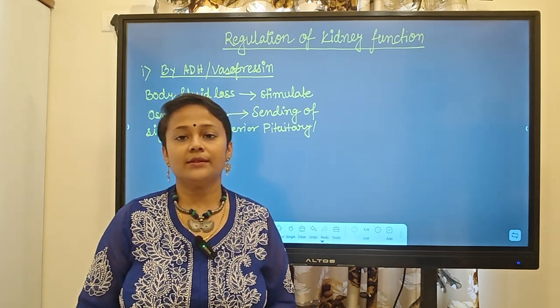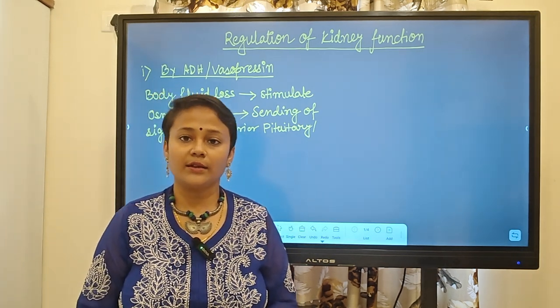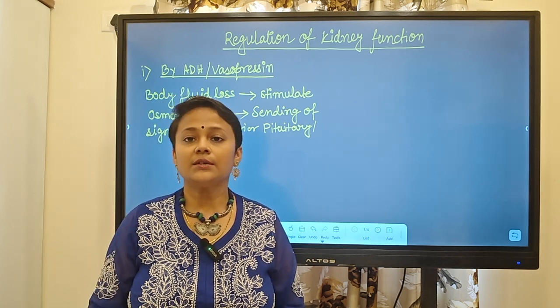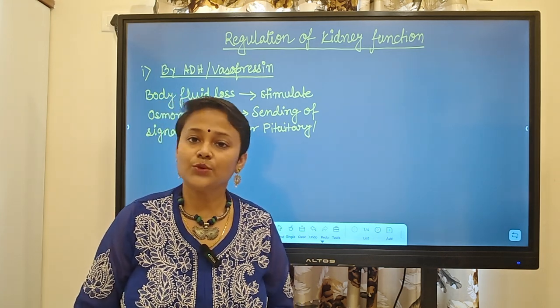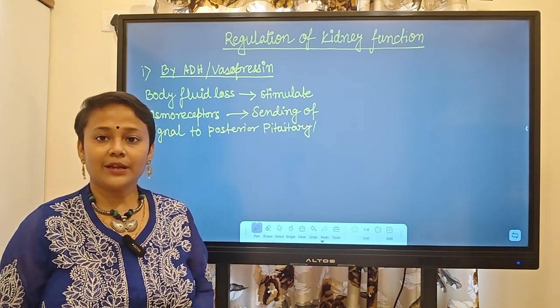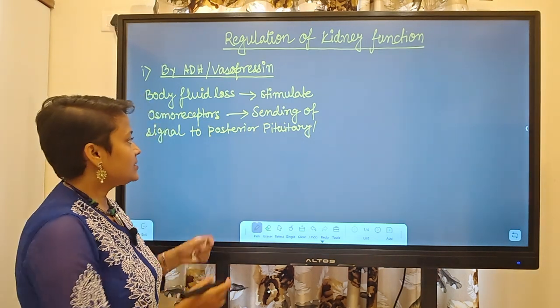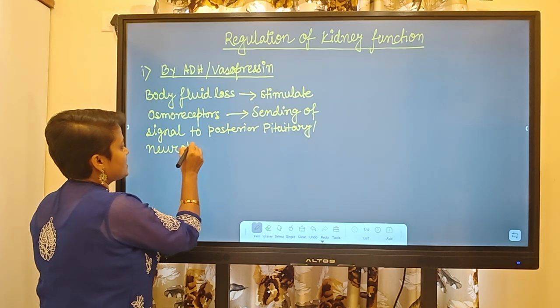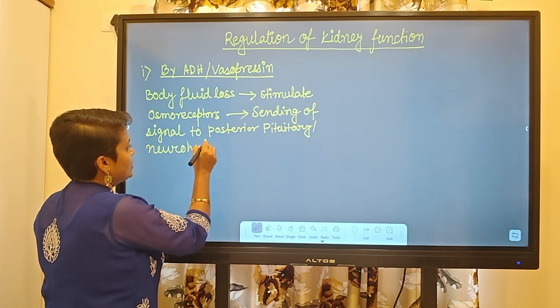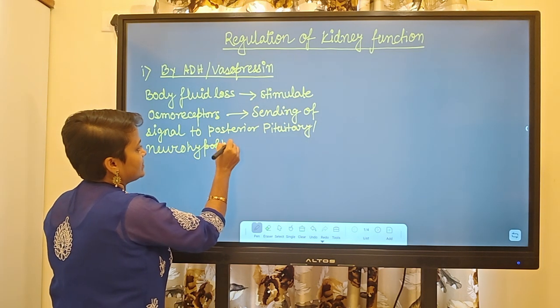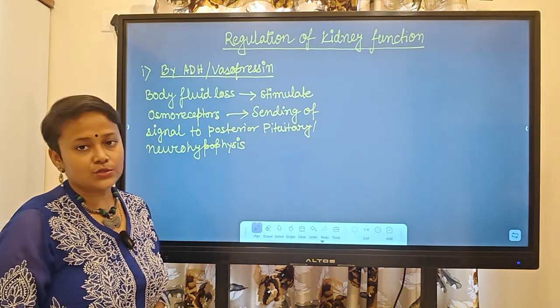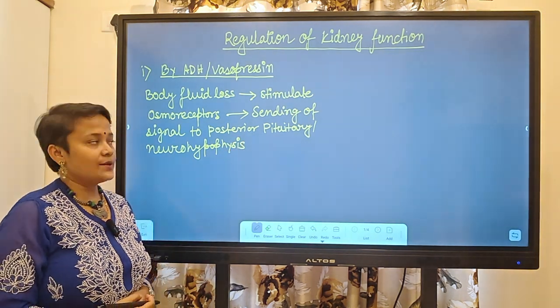The front lobe and the middle lobe are called adenohypophysis, and the stalk and posterior pituitary are called neurohypophysis. So if in a question they give neurohypophysis, you will not be surprised. The posterior lobe and stalk are called neurohypophysis.